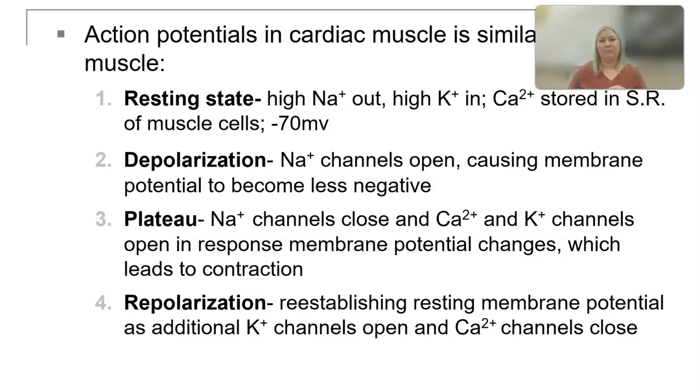That'll be important later. Then, as the sodium channels open in response to the sinoatrial node, it's going to cause the membrane potential to become less negative. Eventually, it gets to the point that it triggers a contraction. The sodium channels close, calcium rushes out, and that causes the muscle to actually shorten.